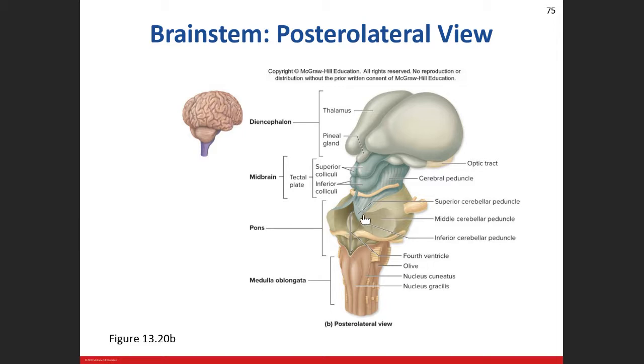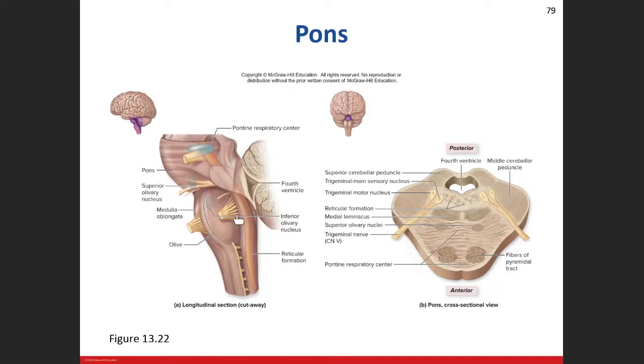And also in the pons, we have the pontine respiratory center, which controls the skeletal muscles which work for our breathing, and it controls the rhythm of our breathing too. In this picture, you can see the pons, and you can see the nuclei which are located in the pons.